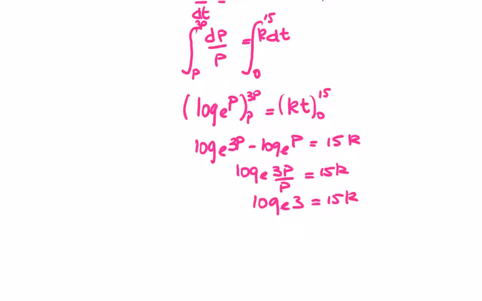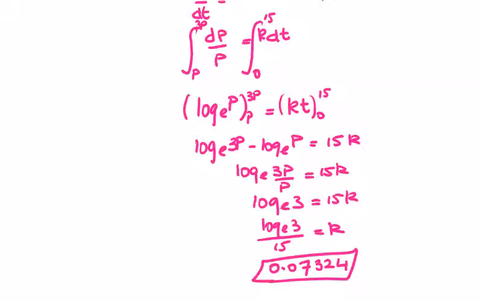So similar to above where we're using natural logs, we're just looking for k, we're going to get log to the base e of 3 over 15 is equal to k. And if you're checking your calculators, that also gives the same answer, 0.07324. So that's the first part.